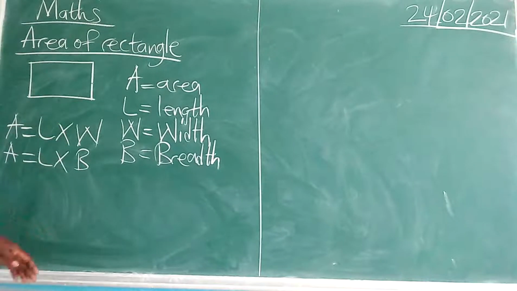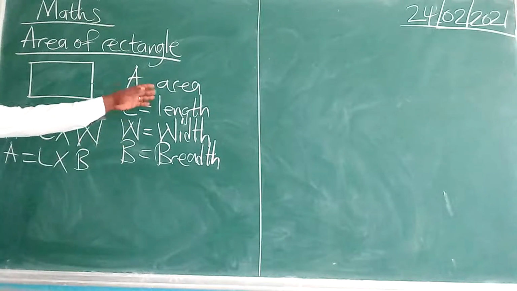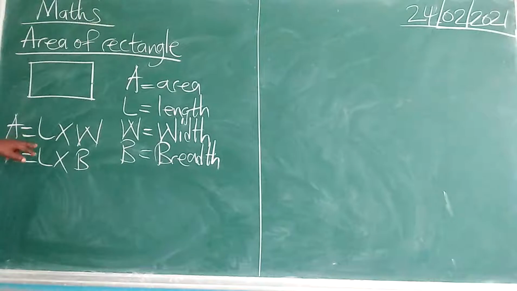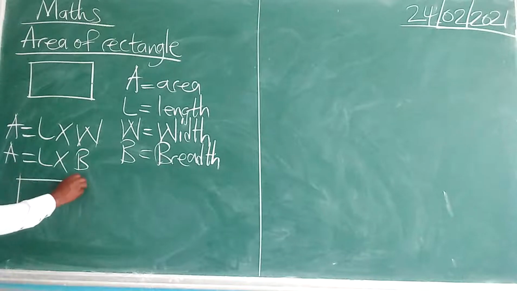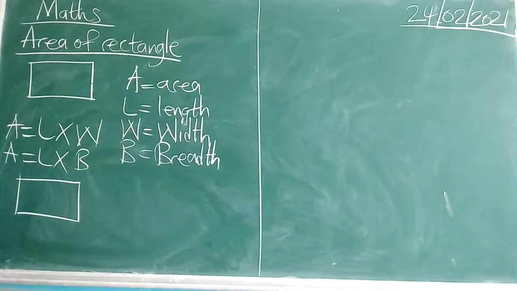So when we want to find the area of rectangle, you can write it in full like this, or you write it this way. Now let's find the area of this rectangle, because we have to revise what we learned the other time so that we can continue.